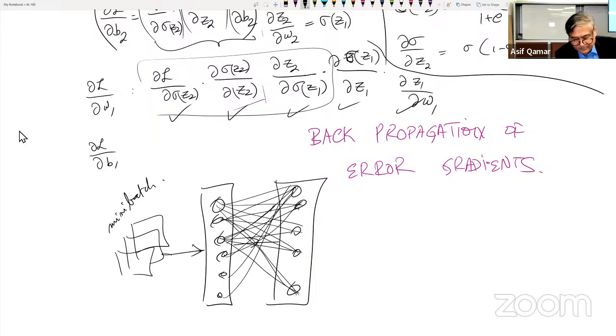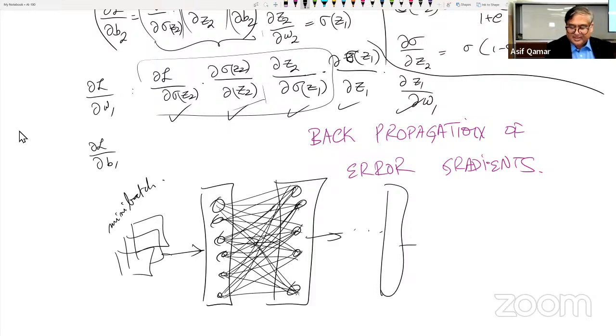I don't know if it is even worth drawing out anymore because it looks really messy. But this is what is happening. Then it goes to the next layer and the next layer, and finally in the final layer you have a prediction.